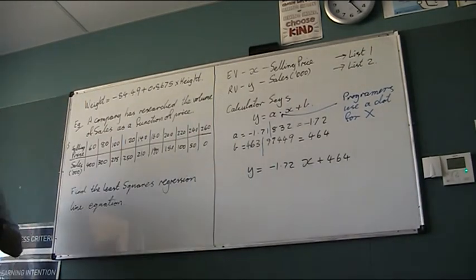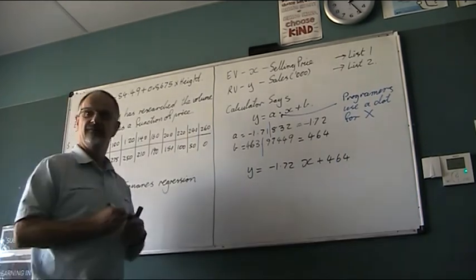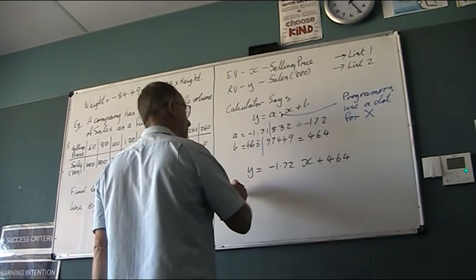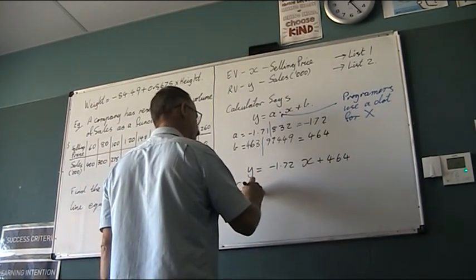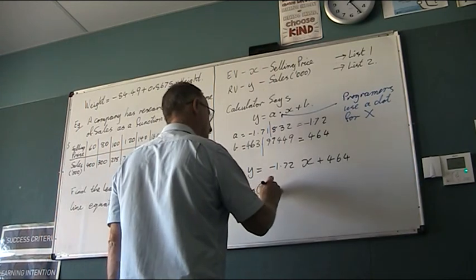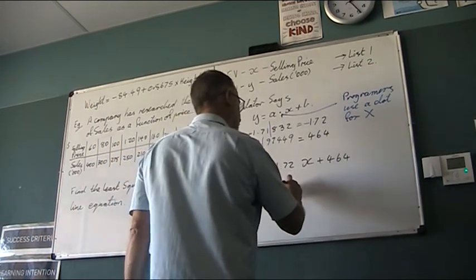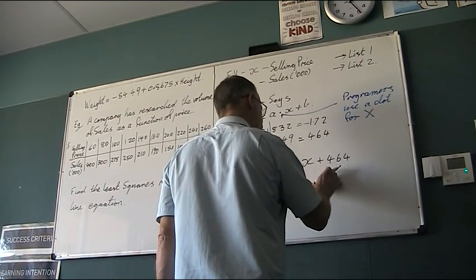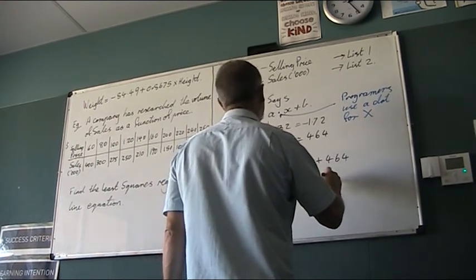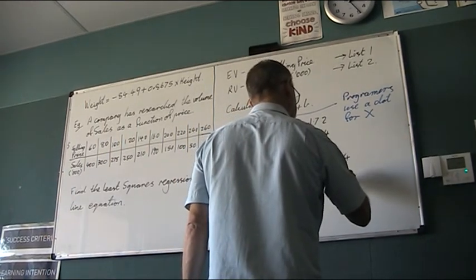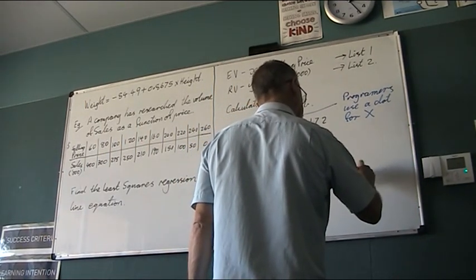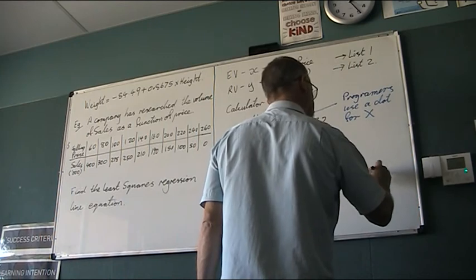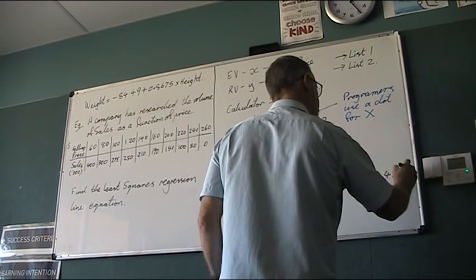So now what do we need to do to finish it off? Change it to our variables, selling price and sales. So sales in thousands equals negative 1.72 times the selling price plus 464.